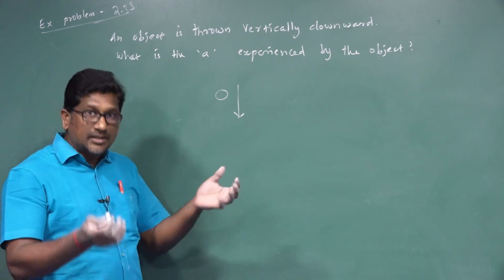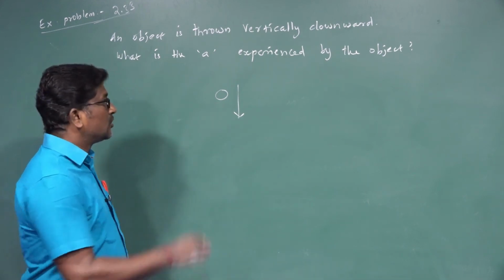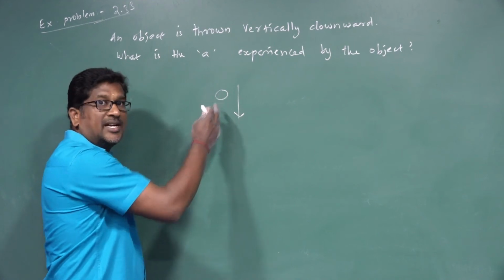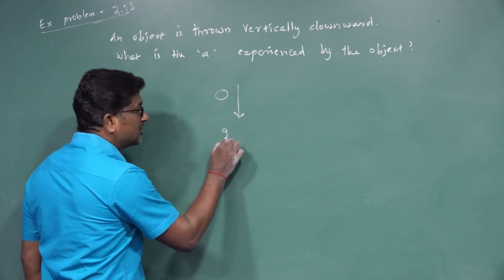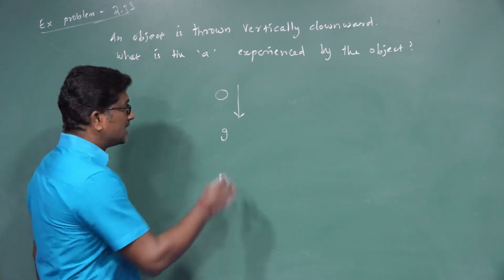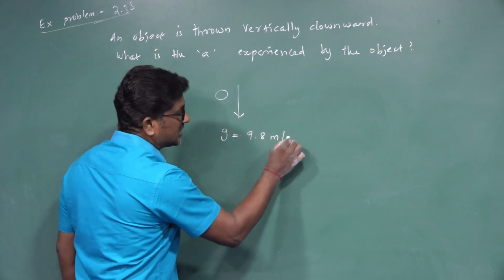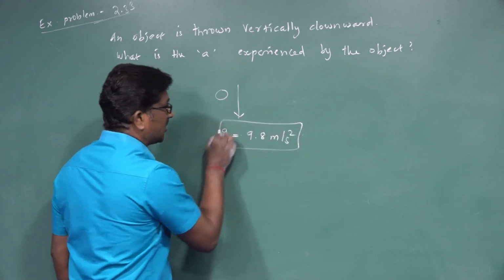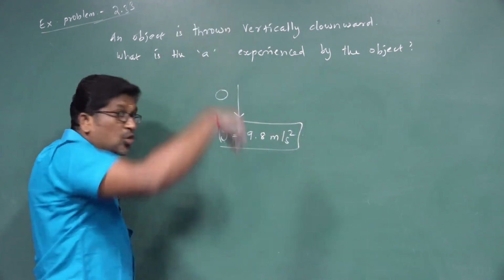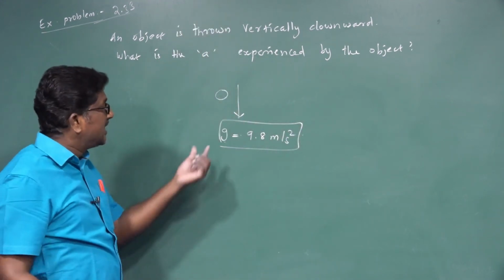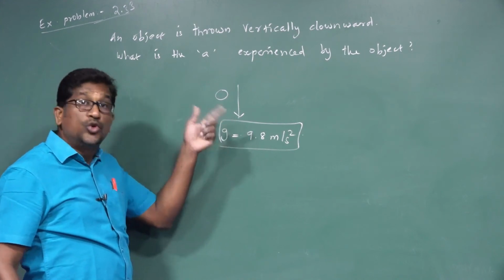So the acceleration experienced by the object due to gravity is denoted by g. Okay, that value is 9.8 meter per second square. If any object is thrown vertically downwards, it experiences an acceleration due to gravity.